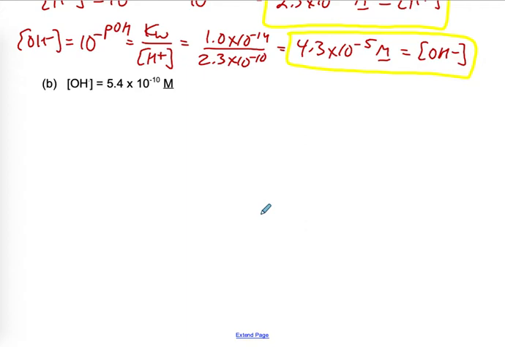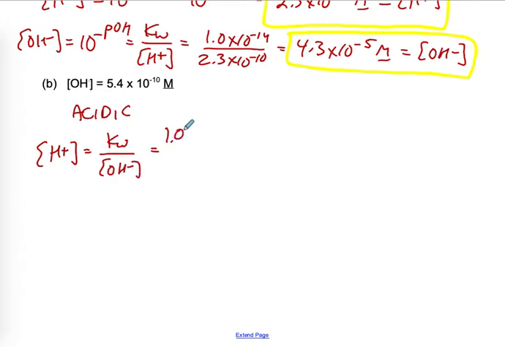Because the hydroxide ion concentration is less than that of neutral water, I know that the hydrogen ion concentration has to be greater than that of neutral water. That is consistent with it being an acidic solution. So let's calculate the remaining quantities. The hydrogen ion concentration is Kw over the hydroxide ion concentration, or 1.0 times 10 to the negative 14th, divided by 5.4 times 10 to the negative 10th.